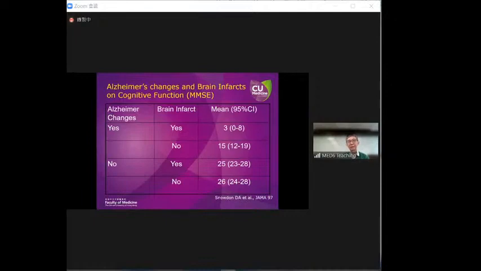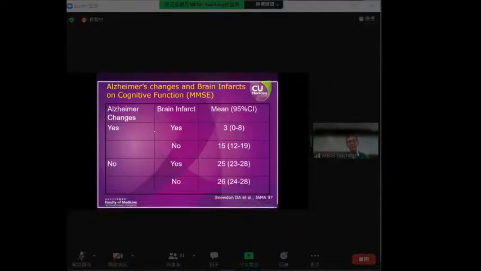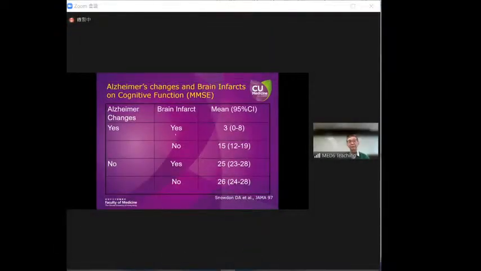So that suggests to us that Alzheimer's disease and cerebrovascular disease have additive adverse effects on brain function, on cognitive function. So they work together. Whereas if you do not have Alzheimer's disease, but you have cerebrovascular disease, actually it does not affect your MMSE that much, only very, very slightly. So these are the normal control.